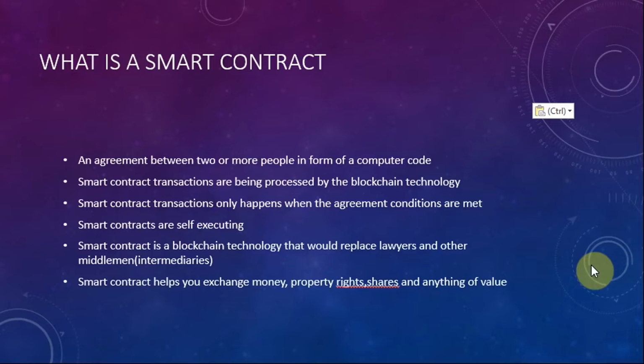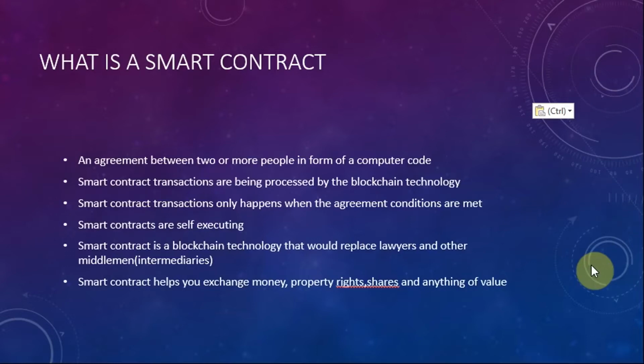Then smart contracts help you exchange money, property rights, shares, and anything of value. Property rights, voting rights, money, cryptocurrency, even fiat currency. You could write smart contracts that help you exchange that.